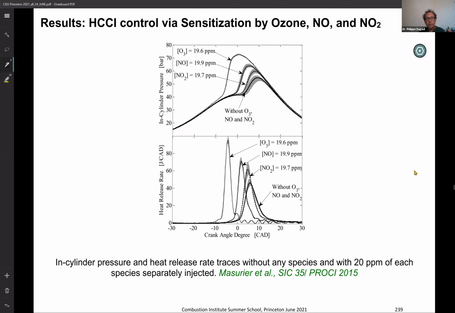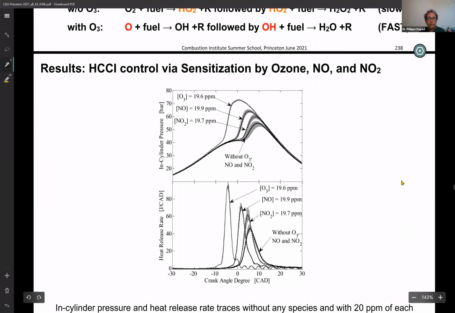We did similar experiments with other oxidizers. We compared the effect of ozone, of NO, and of NO2 on the ignition of a fuel in an engine. The reference case is here without any additive.